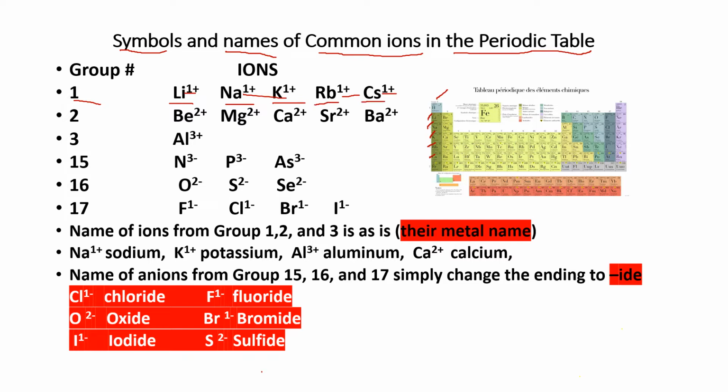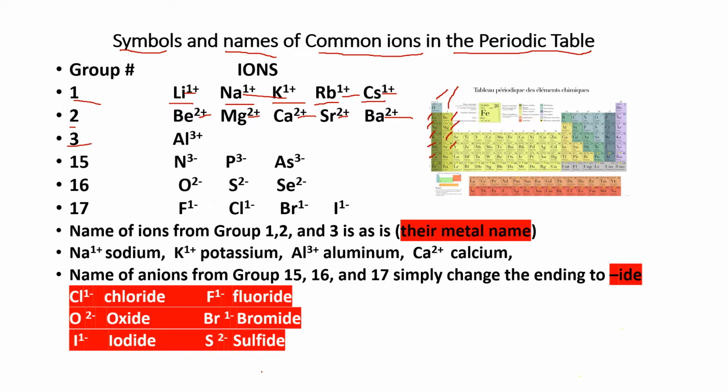of the ions. So group 2, we have this one in the periodic table. The symbols are also given and also the names are also given. And of course, the charges are all 2 positive because they belong to group 2.